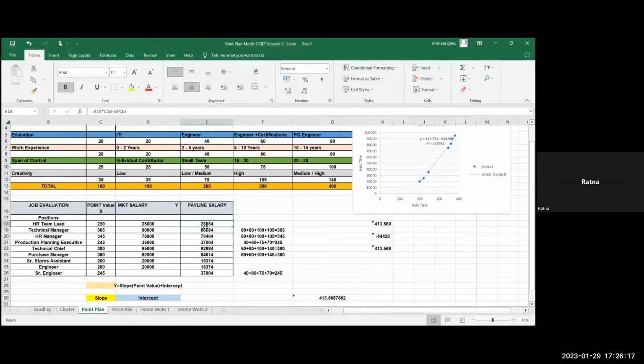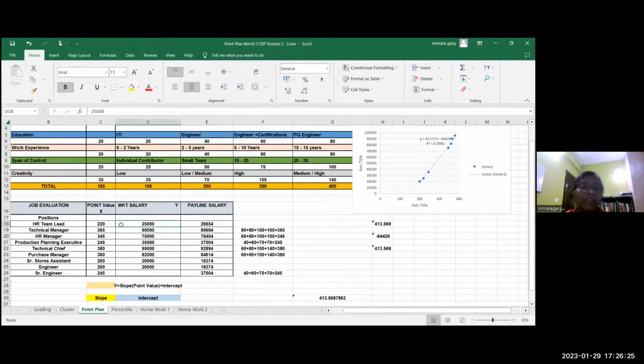Now, having said that, it's very simple. You have calculated like that, but there's another method. First of all, you need to select and check whether there's correlation when you are collecting market data.